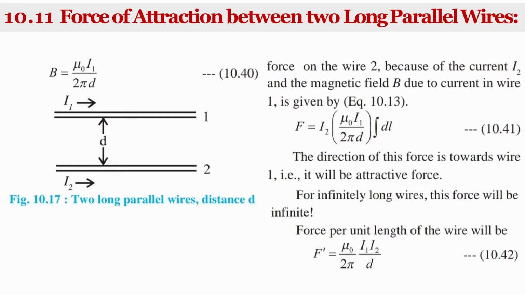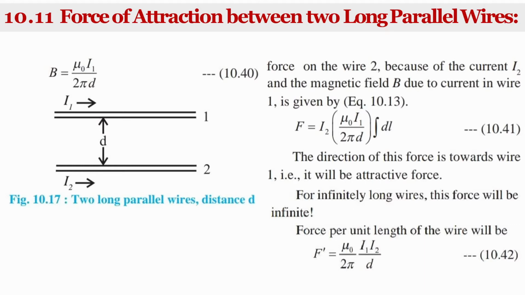And after that we studied the case of the current in a straight long wire by using the Biot-Savart law. In that case we found that the formula for magnetic induction is B equal to mu naught I upon 4 pi r.